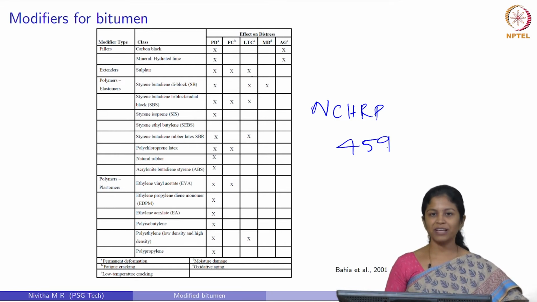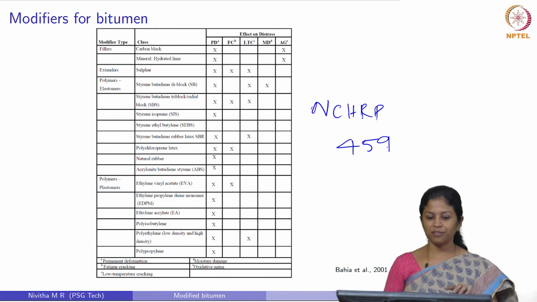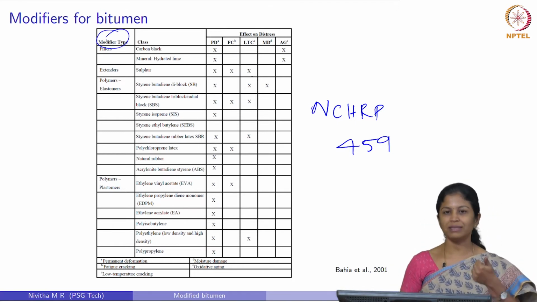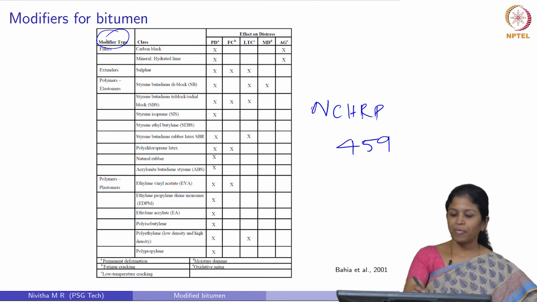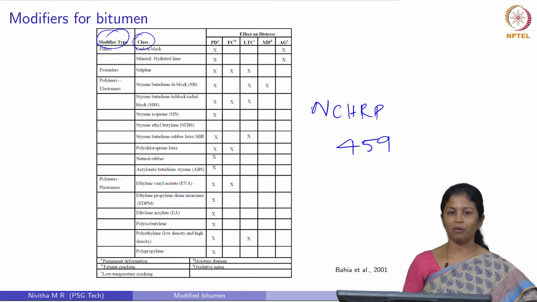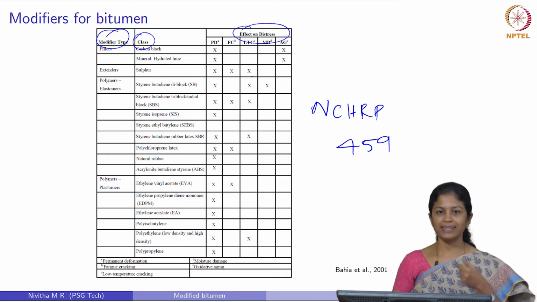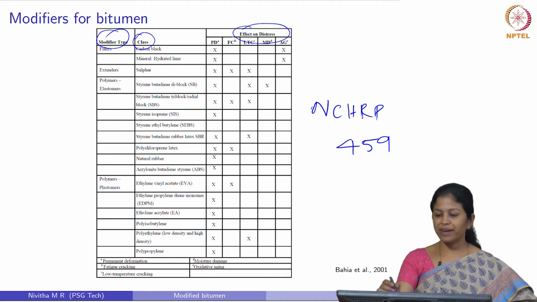This table gives us a lot of information. The first column here talks about the type of modifier. What is the modifier that is used here? And the second one talks about the class of modifier, what is the specific modifier that is used. And this column talks about what is the effect of this modifier on distress. They have considered 5 distresses here.